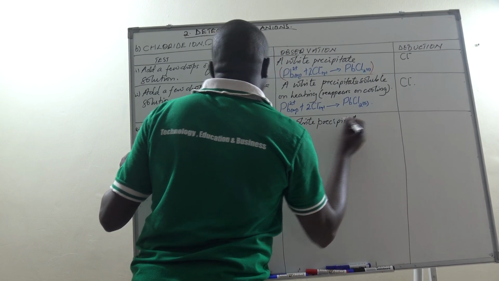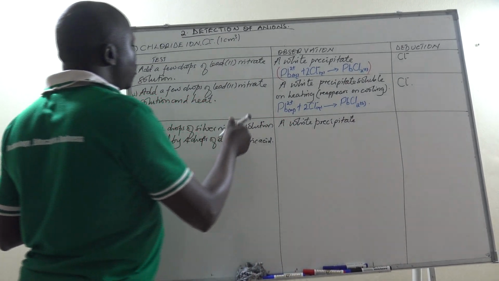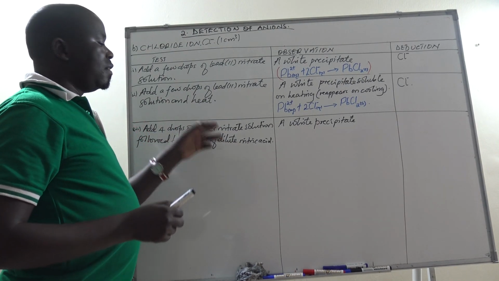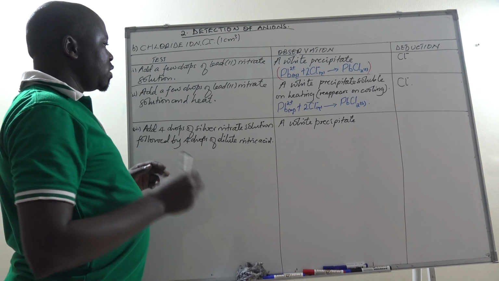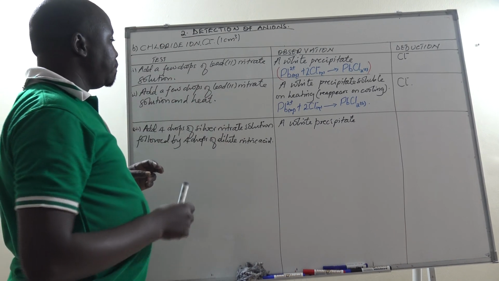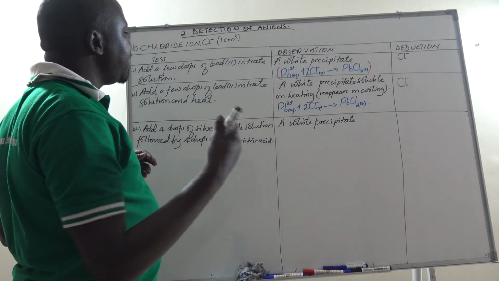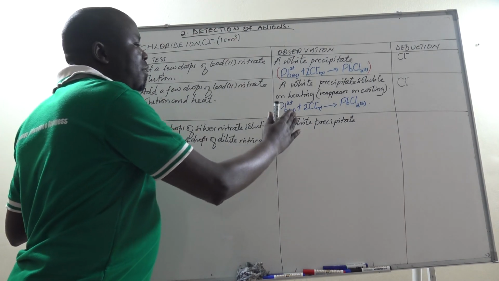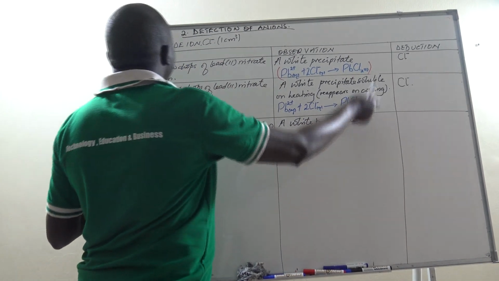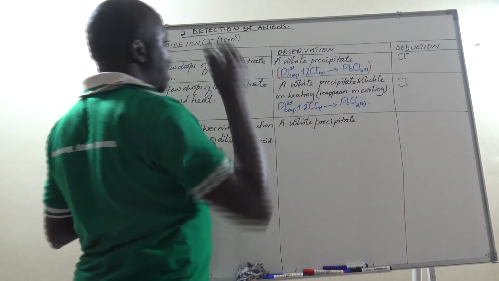Then, if we go ahead and add the dilute nitric acid, it will play the same role as we had seen earlier with the sulfate ion, because it will destroy any carbonate ion or any sulfite ion, which would also form a white precipitate of either silver carbonate or silver sulfite, and mislead us to think that the solution contains chloride ion.